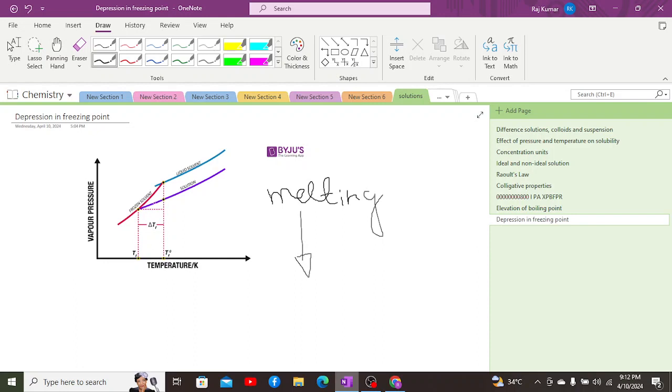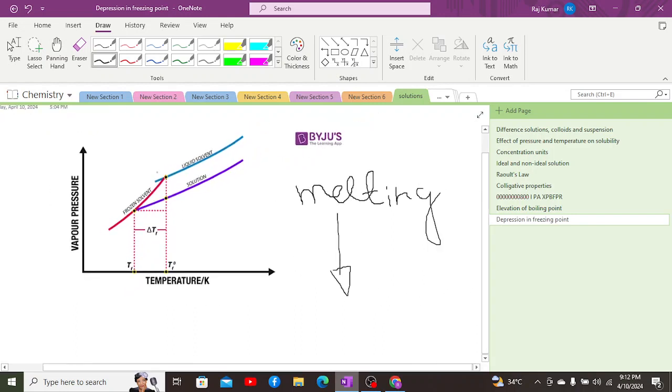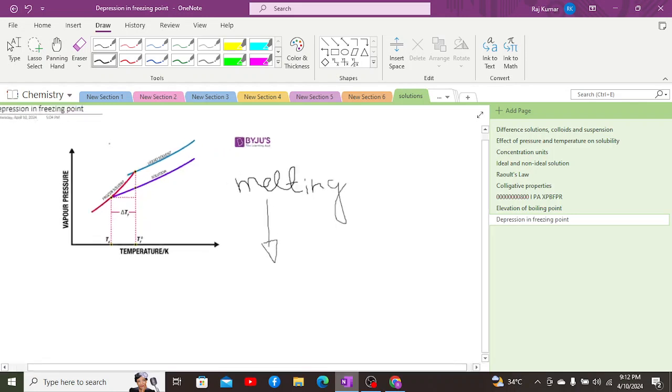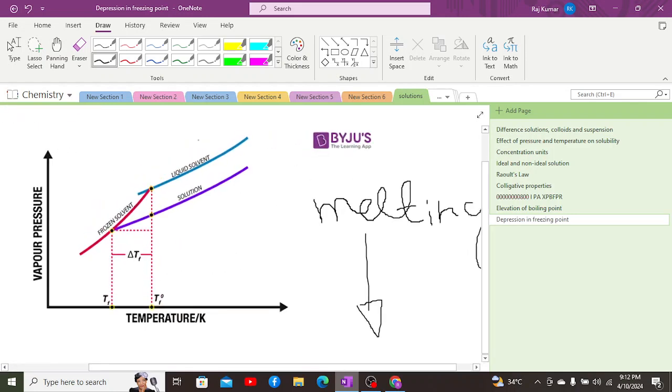And as a result of that depression in freezing point, we can consider the graphical representation of this depression in freezing point by the following graph. Let's suppose this is a graph BEC, and this is a graph DTC, let's suppose, right?